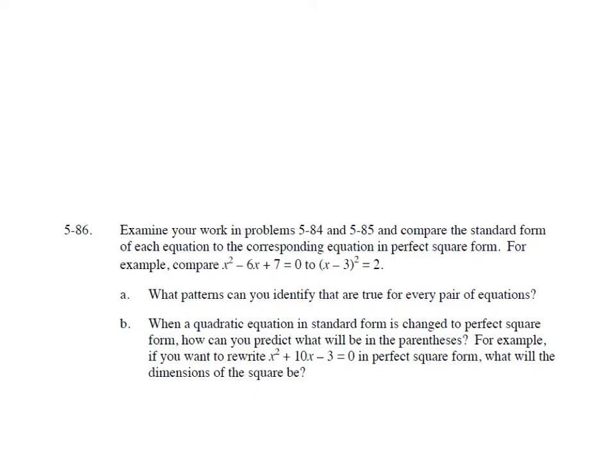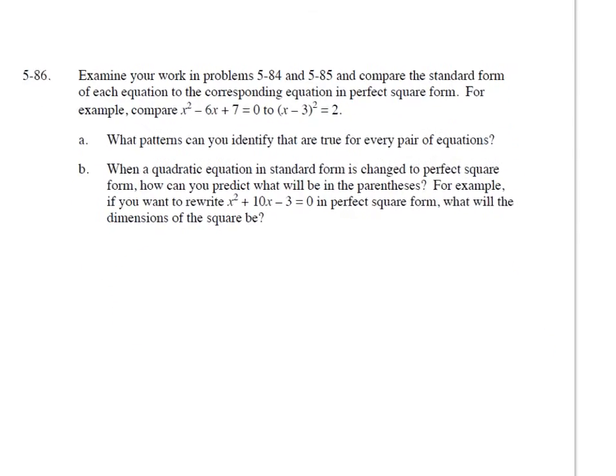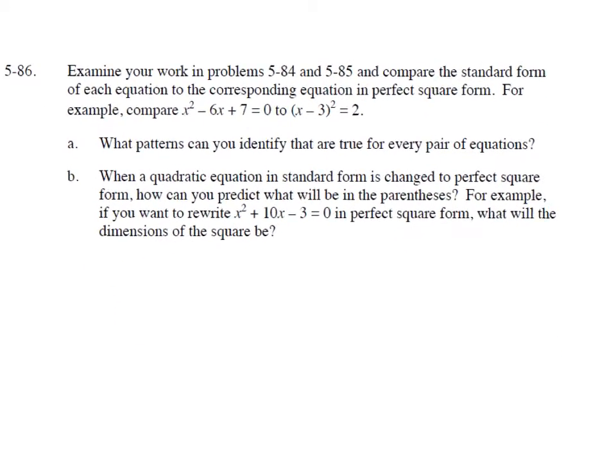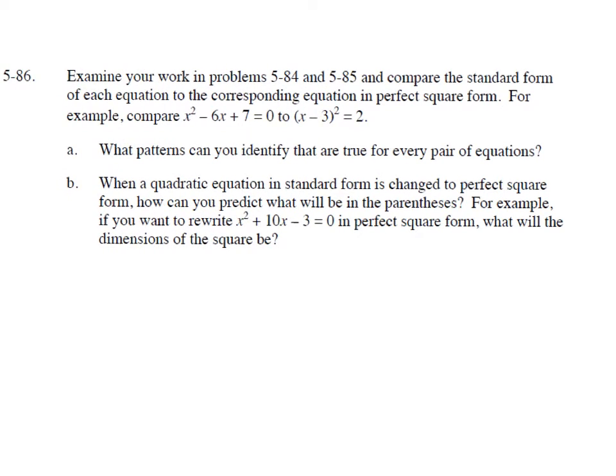Alright, moving along. Problem 86. Now it's asking you to examine your work from problems 84 and 85. Compare the standard form of each equation to the corresponding equation in perfect square form. For example, compare x squared minus 6x plus 7 equals 0 to x minus 3 squared equals 2.